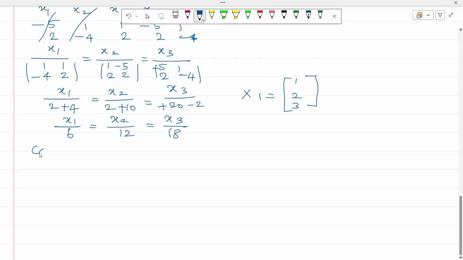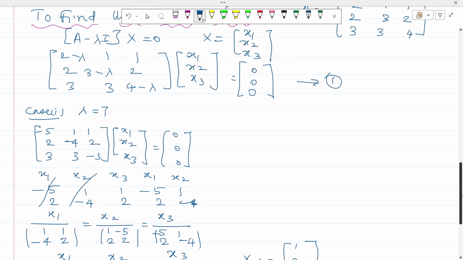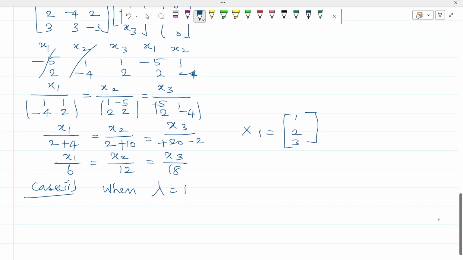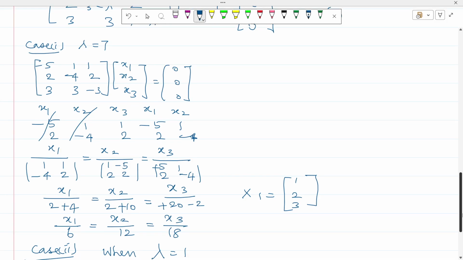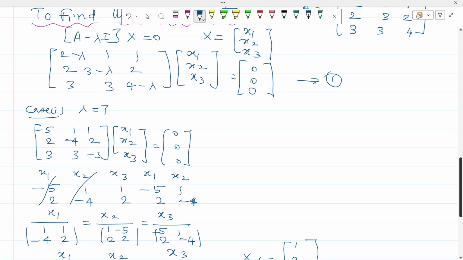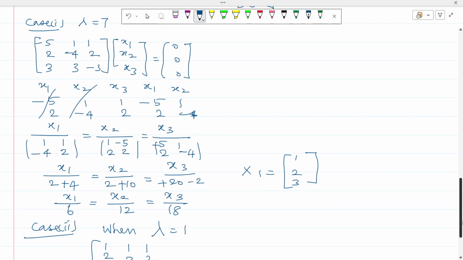Case 2, lambda equal to 1. When lambda equal to 1, what you get: first row 1 1 1, second row 2 2 2, last one 3 3 3.